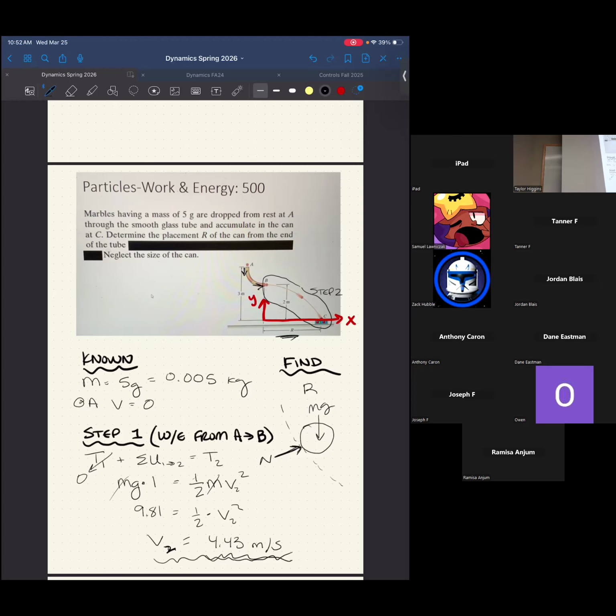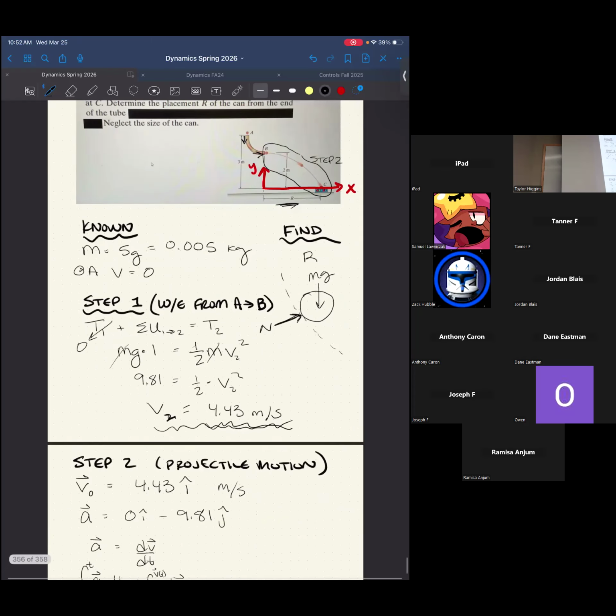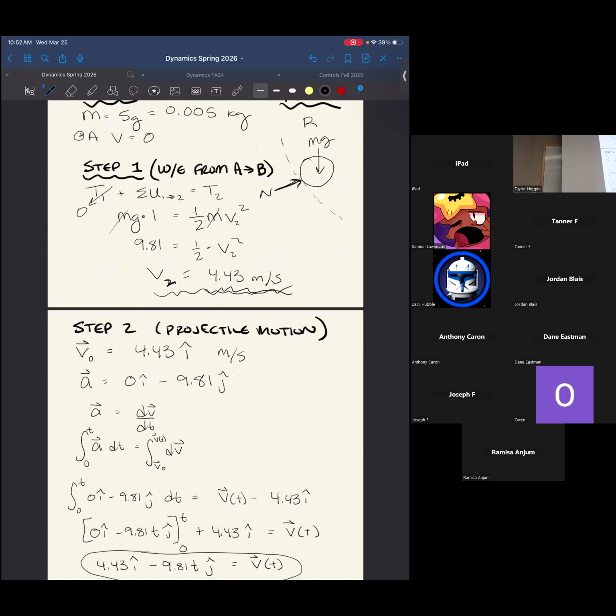But the reason I always redo the integrations is because I want to hammer home this fact that acceleration is not necessarily always constant.